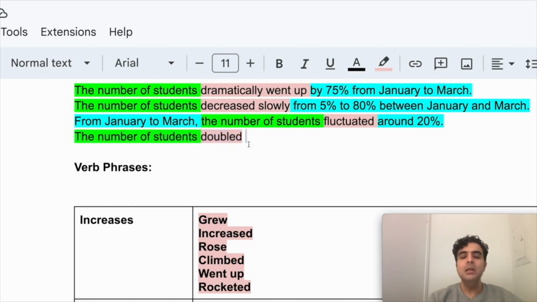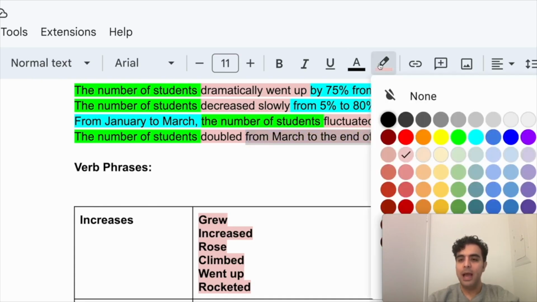So no need for you to mention the numbers all the time, right? But you want to mention the time. So we're going to say from, let's say, March to the end of April. So once again, we have from March to the end of April.